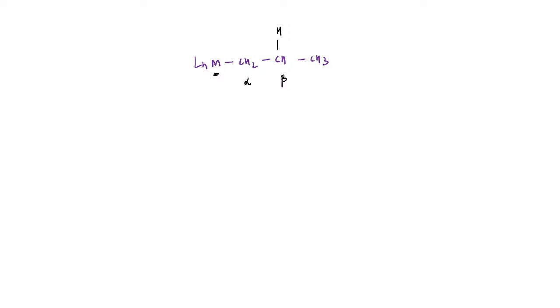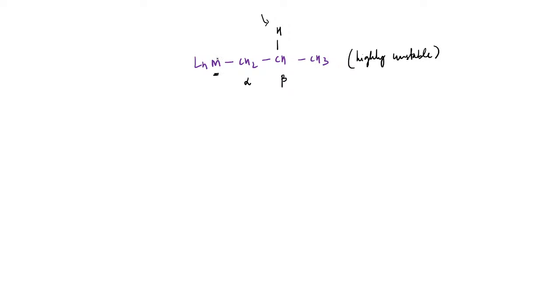Now this position is alpha and this position is beta. In complexes, if you have beta hydrogen, and you can see you have beta hydrogen in this complex, those types of complexes which have beta hydrogen are highly unstable. Why are they unstable?